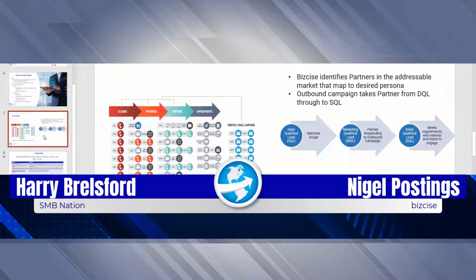So there is intent, timing's right, and a buyer is identified for that partner to engage with the vendor we're working with to think about generating a practice around that business. So data qualified lead through marketing qualified lead, as in you touch base, through to sales qualified lead. There is great interest at the moment to identify partners that operate in the SMB space. So that's what's happening at the moment.